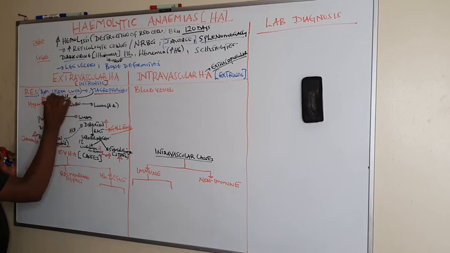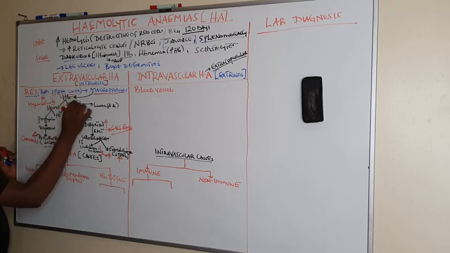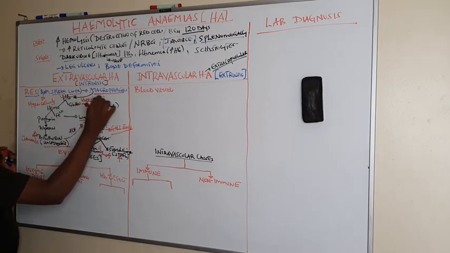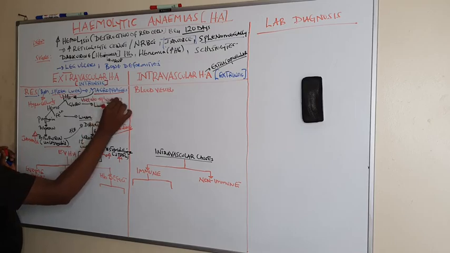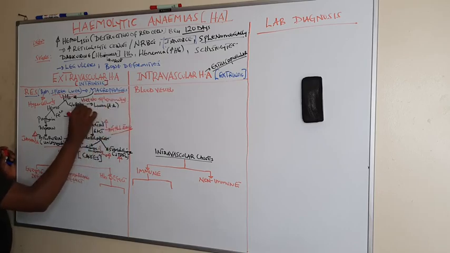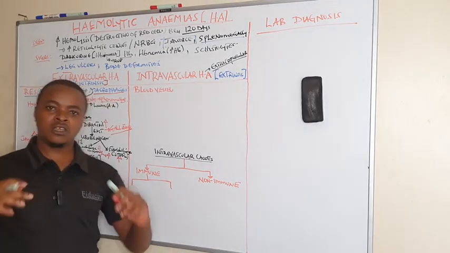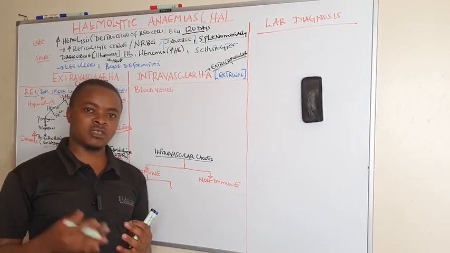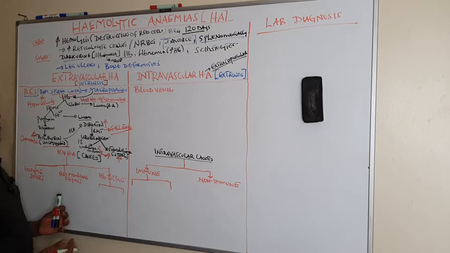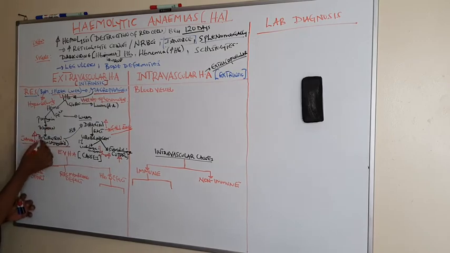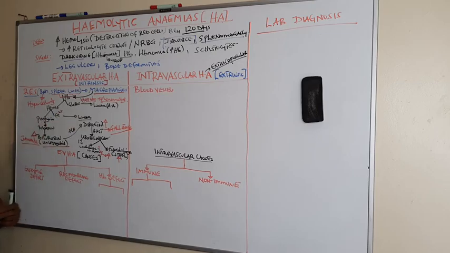Then the spleen and the liver are working, so we can see hepatosplenomegaly coming in, whereby on examination, you can find the liver and the spleen are enlarged due to overactivity of destroying these immature red cells. That is where the signs and symptoms come in. And this shall also give us a clue of the diagnosis, whereby some of the diagnosis we shall get from this pathology.